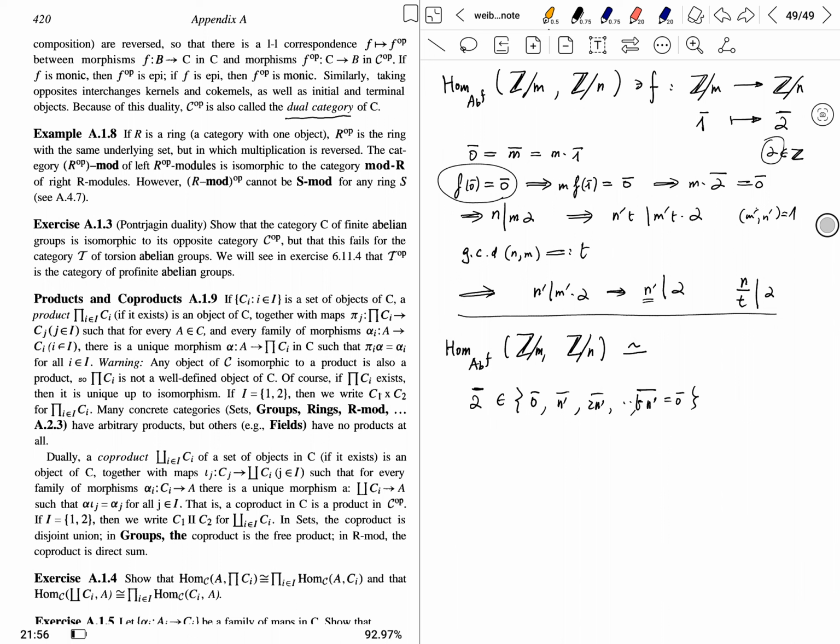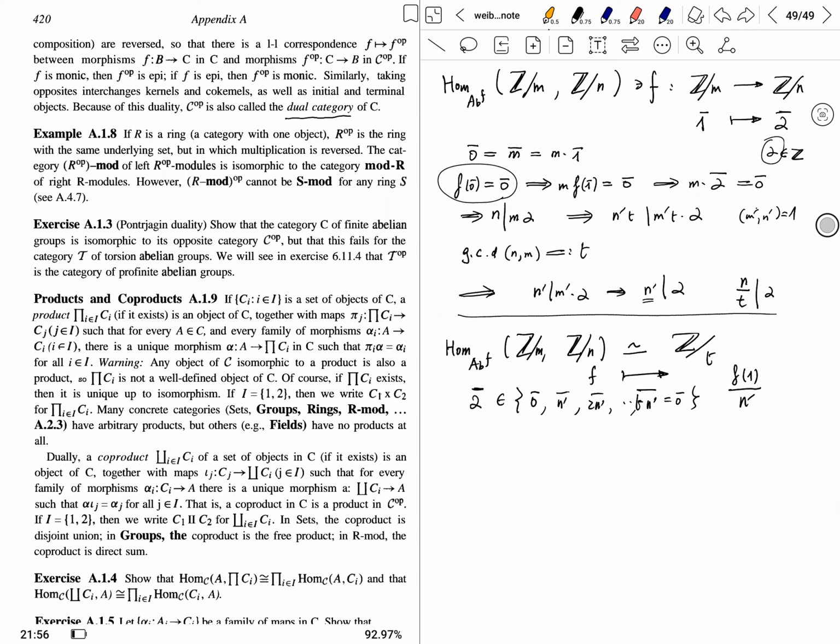So basically, divide this equation by t. And the map f is determined by your f(1), but your f(1) is alpha bar, which is divisible by n'.